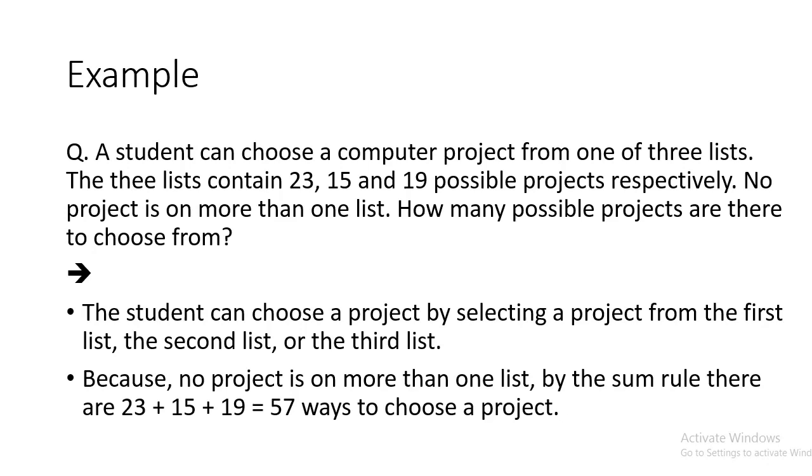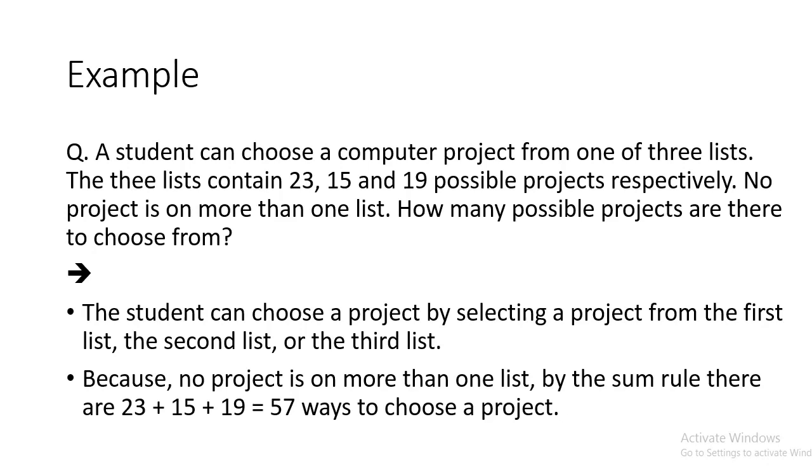The solution: the student can choose a project by selecting a project from the first list, or the second list, or the third list, because no project is on more than one list. So each list contains different projects.